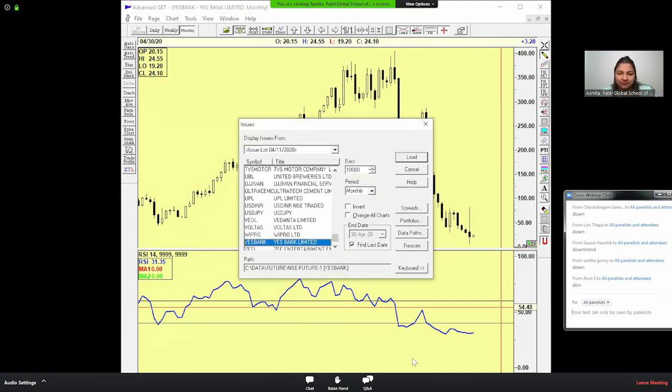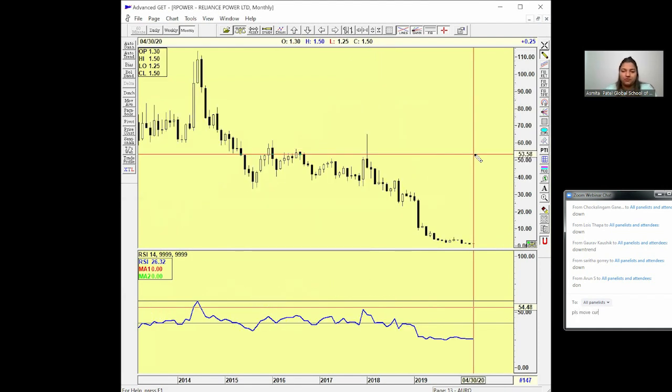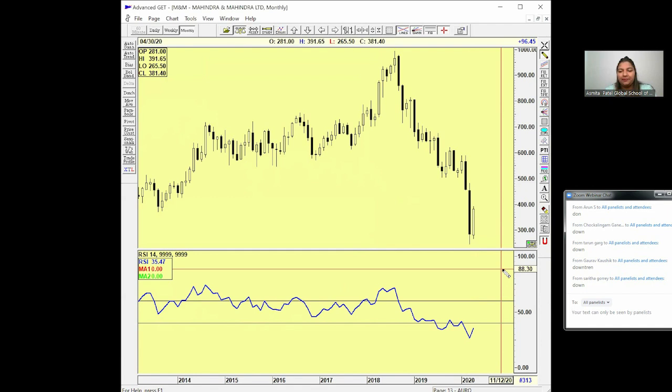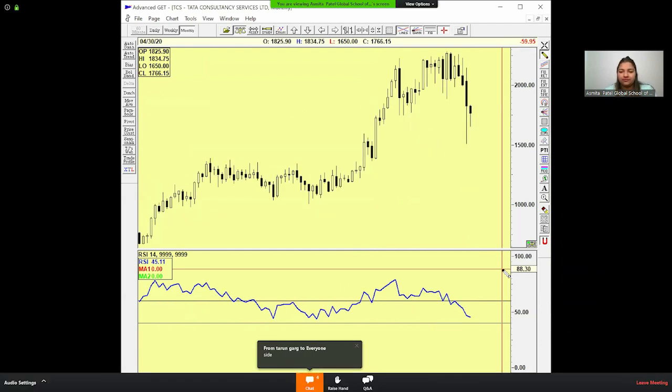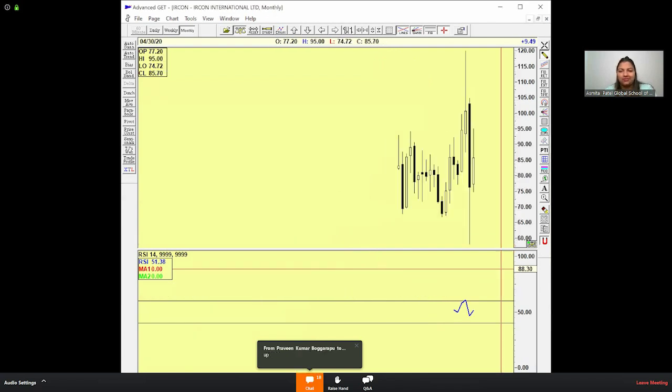Daily will take few days to move to an uptrend. Weekly will take few weeks to go to an uptrend. Monthly will take few months to get into an uptrend. Do you agree with what I'm saying?